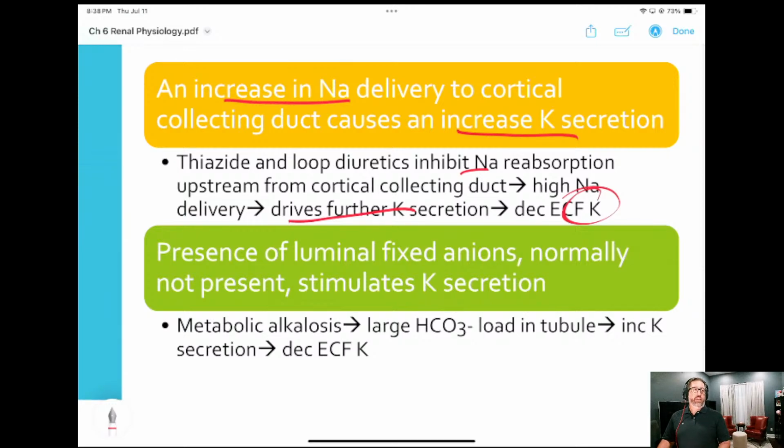So that's where you get these potassium-wasting diuretics, because they are going to increase the load of sodium going through, and the sodium potassium exchanger kind of shuts down and it drives potassium to be brought into the tubular fluid. So Diamond, I hope that answered your question about the potassium with regards to the sodium.